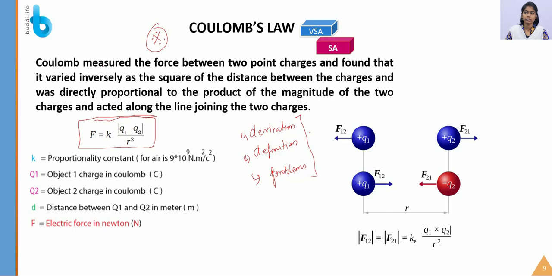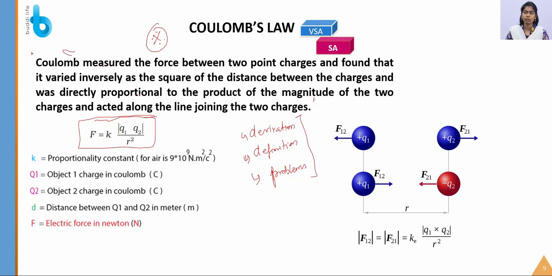It is a simple derivation only, and the definition of Coulomb's law, which is a law, you have to write this. And third is problems based on Coulomb's law. You have to use this formula for the problem. Let's see one example problem which is a previously asked question.